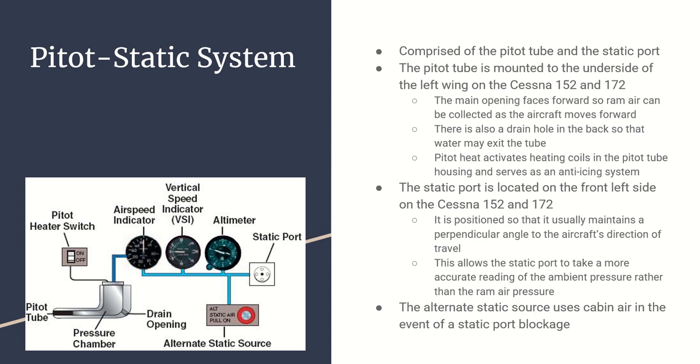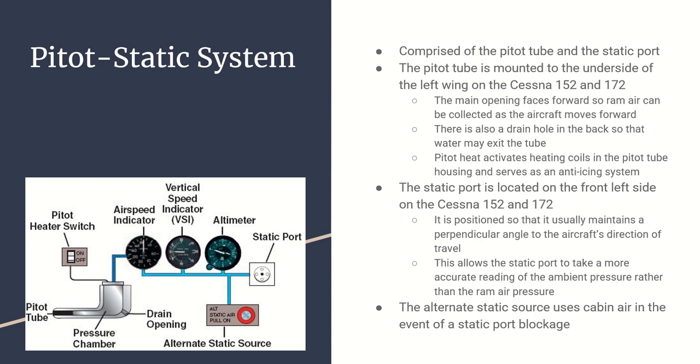The static port is collecting air at a slightly higher pressure than that of the air in the cabin. So you're going to have a few little errors, but it's again better than nothing, right? Better than having a completely blocked static port. And we'll talk about the implications of having no static air in a little bit.